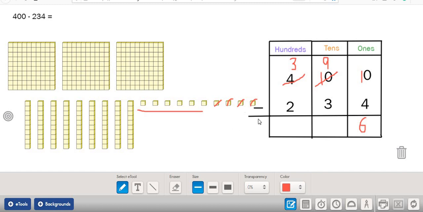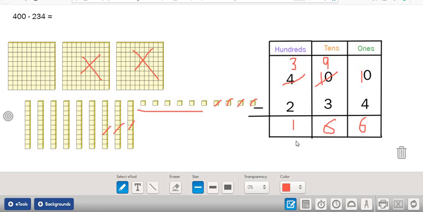Now 9 minus 3. We'll cross out 3 tens. So 9 minus 3 equals 6 again. And what about hundreds? We still have 300. We will cross out 200. So 3 minus 2 equals 1.